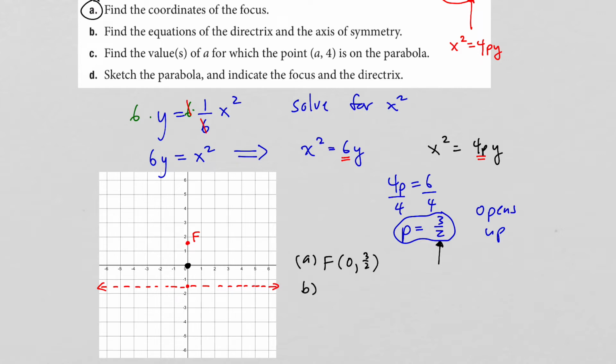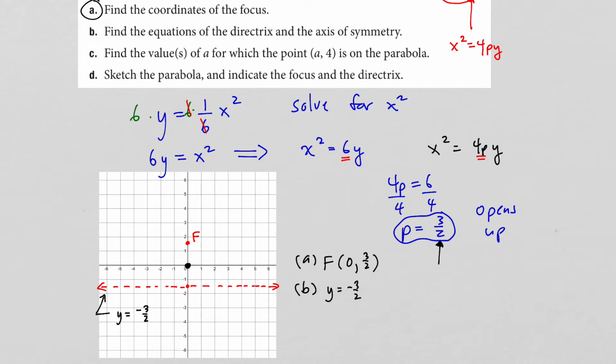For part B, it says to find the equations of the directrix and the axis of symmetry. Well, the directrix is this line. That's a horizontal line, so we know it's going to be y equals, and then we just have to give the y coordinate, which is -3 over 2. So that's the equation for our directrix.